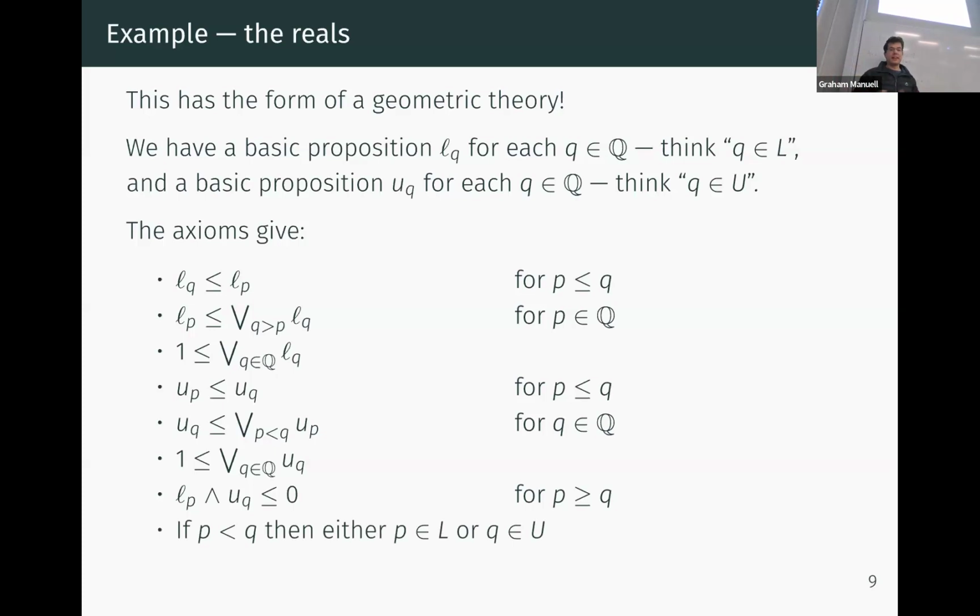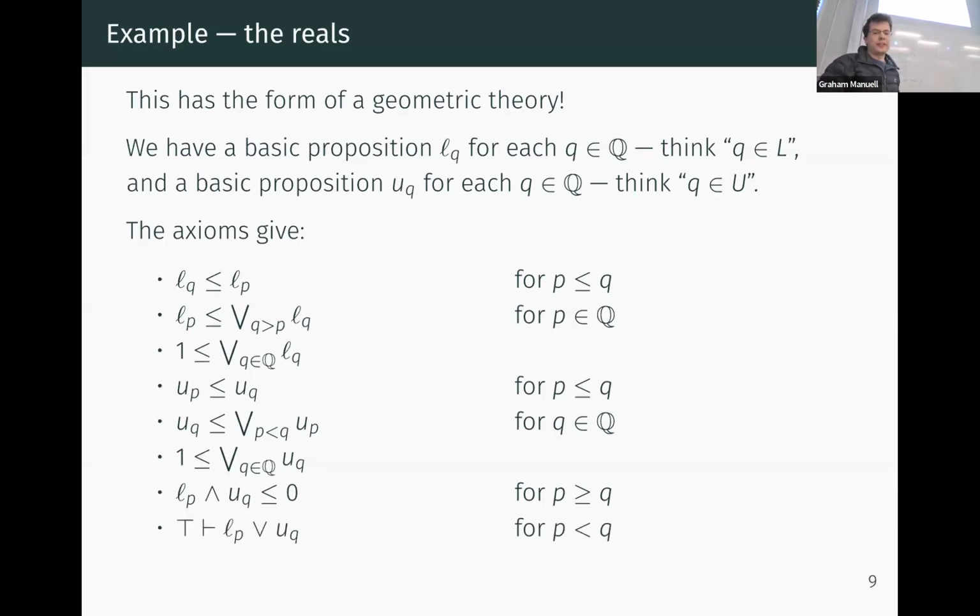And finally, locatedness. If P is less than Q, then either P is an element of L or Q is an element of U. So this says that when P is less than Q, we have that LP or UQ. So again, we can write that as a generator.